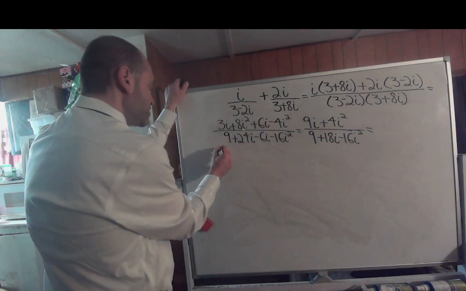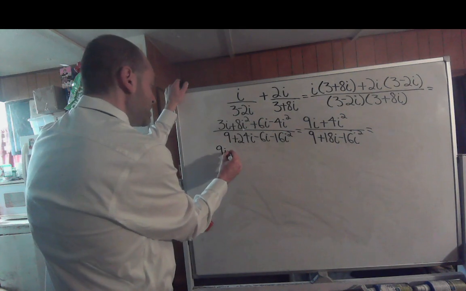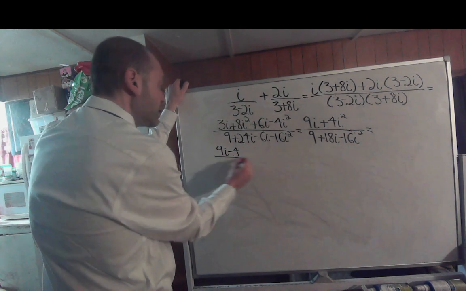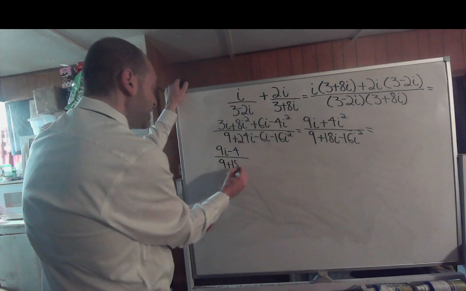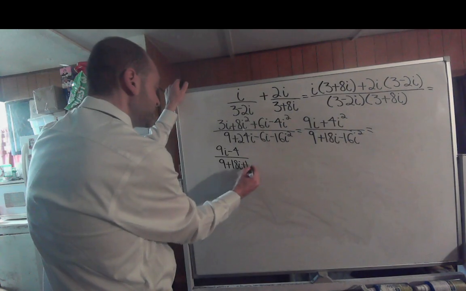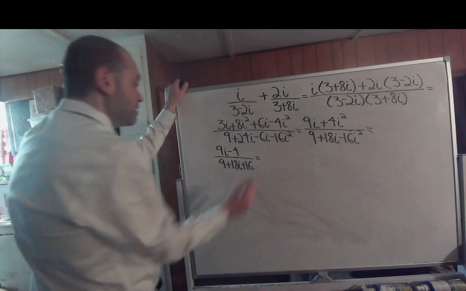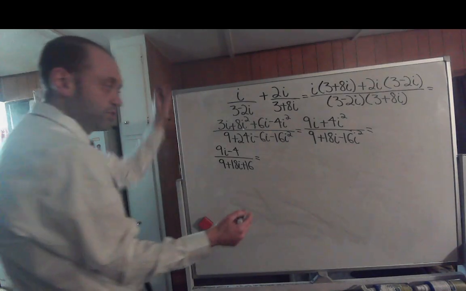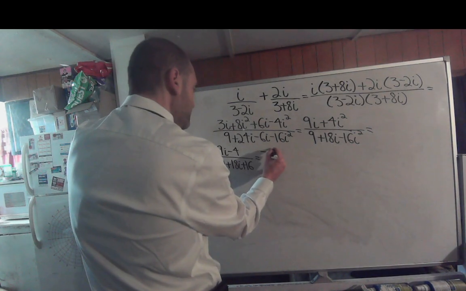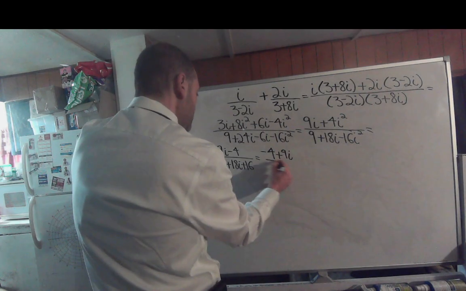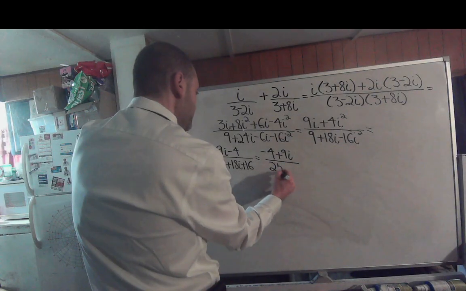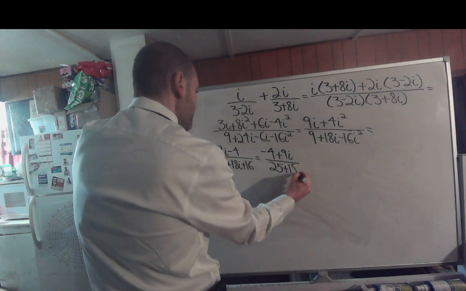So this would turn into 9i minus 4 over 9 plus 18i plus 16, which now we simplify it and put each in standard form, you end up getting negative 4 plus 9i over 25 plus 18i.